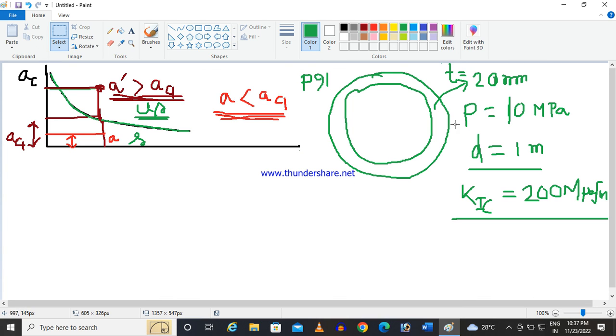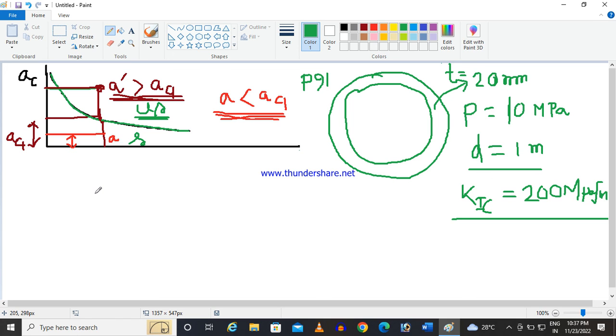Okay, if any crack is there, whether it will propagate and cause brittle fracture, or the liquid will just leak out, so that it is manageable and we can control the hazard.